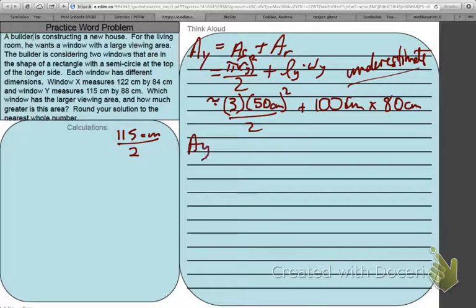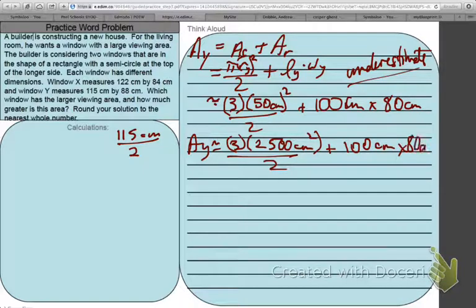So area Y is approximately equal to, well, 50 times itself would be 25 plus 2 zeros. So we'd have 3 times 25, 2 zeros, centimeters squared divided by 2. And we'll leave the rectangle the same until we want to get to that.